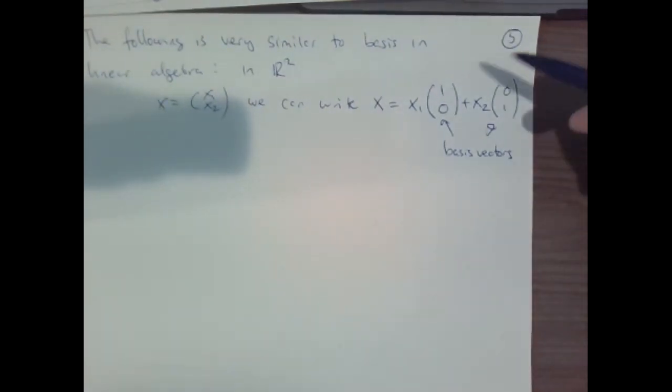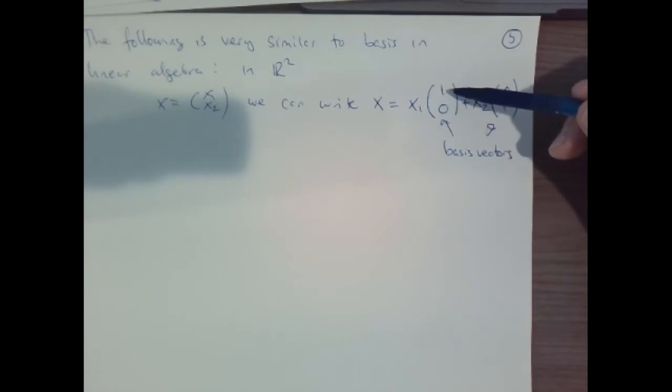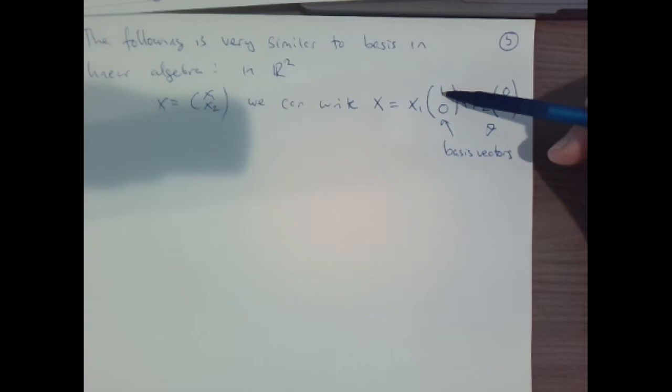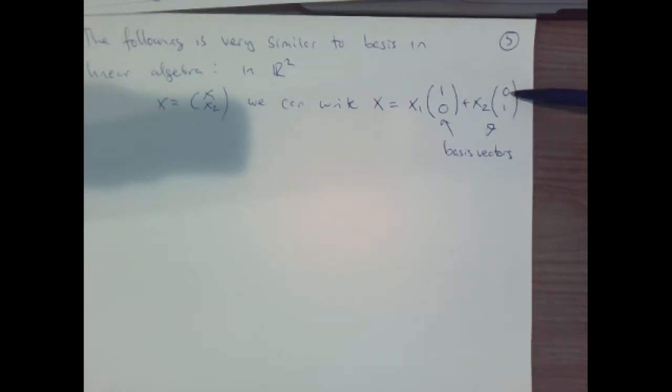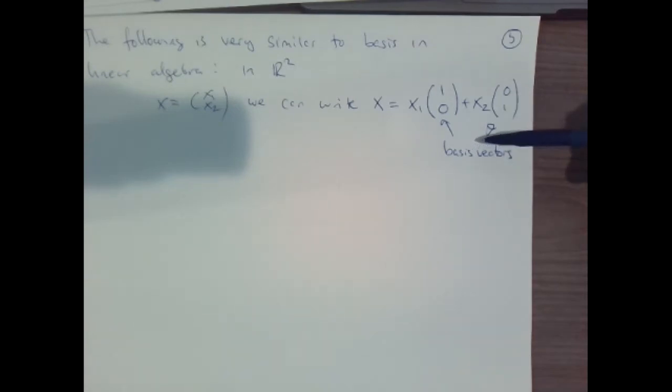But of course, there's nothing unique about picking 1, 0 and 0, 1 here. You could have picked something else, like 1, 3 and 4, 1. That would also be basis vectors in R2.